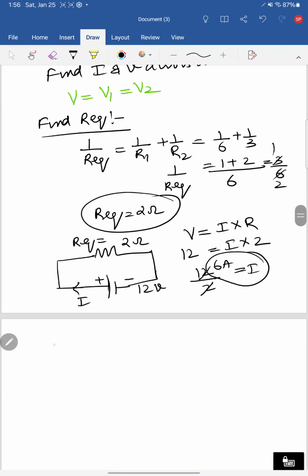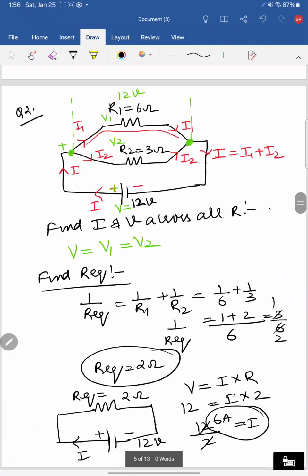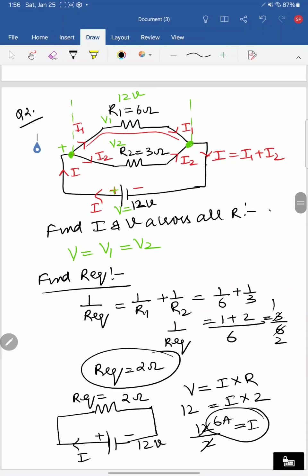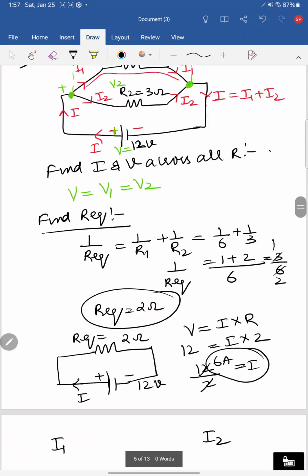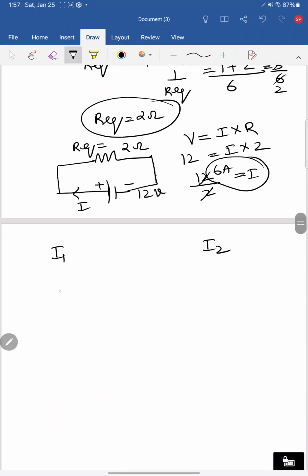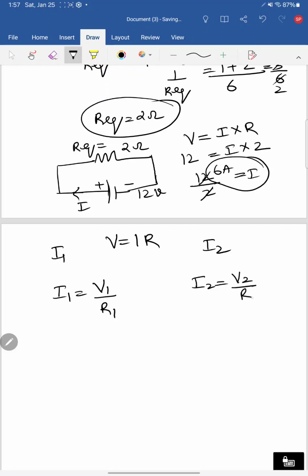For the individual current, that is I1 and I2, you can directly calculate it from the circuit. What's the value of I1 here? Yeah, for I1 definitely as per Ohm's law, which is V is equal to I into R, I1 will be equal to V1 by R1, and I2 will be equal to V2 by R2.